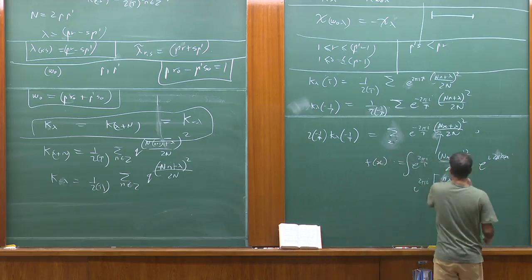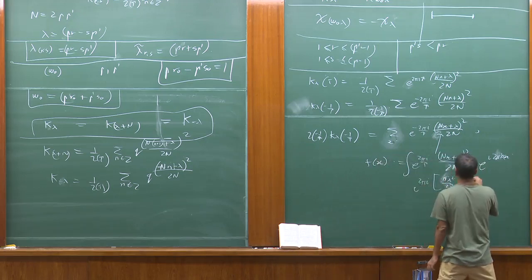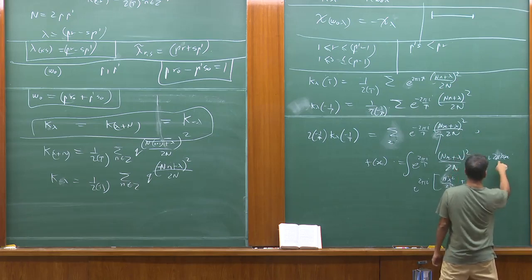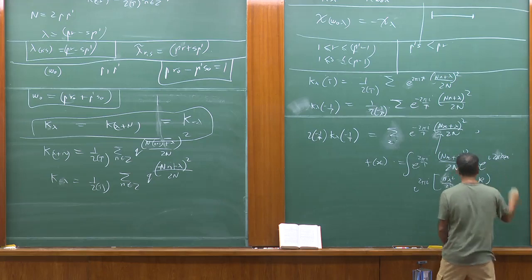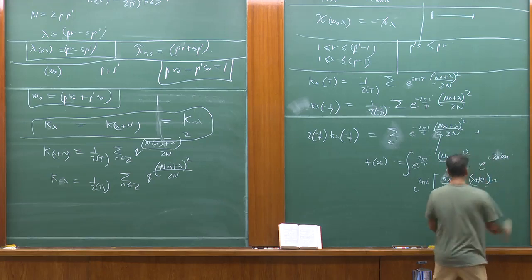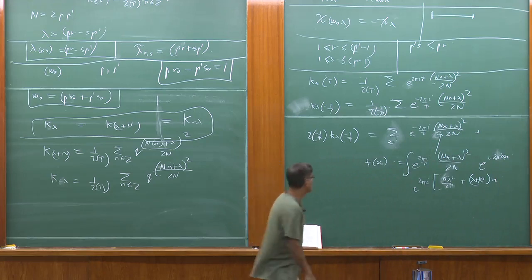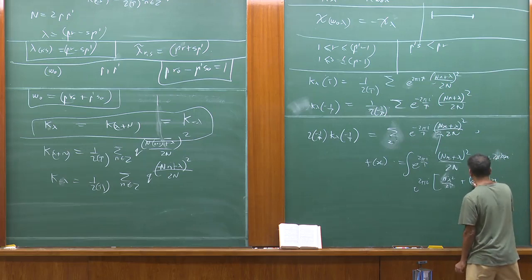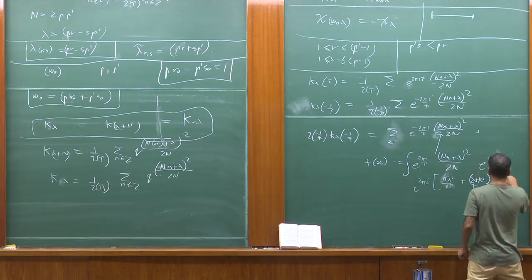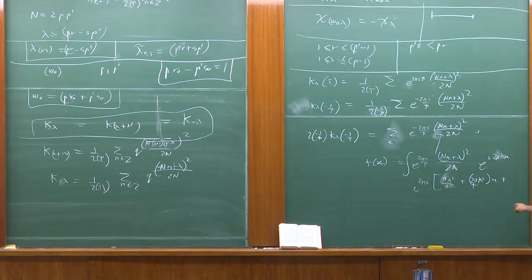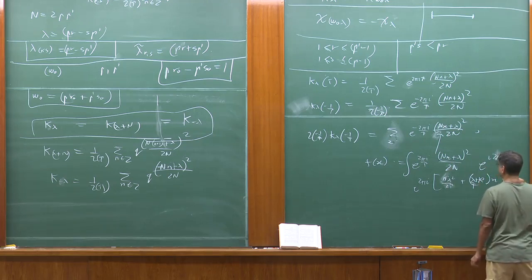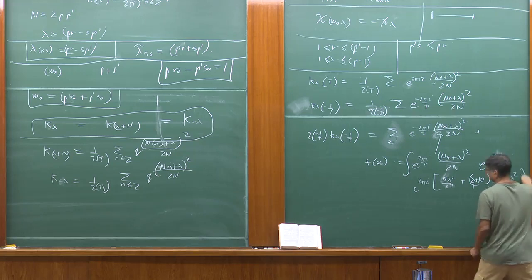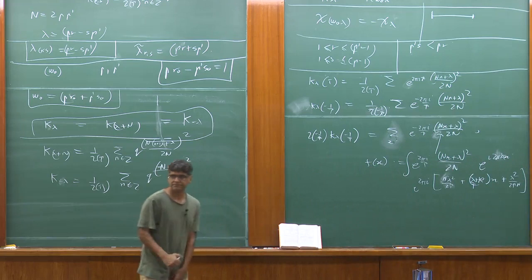Then we want the linear term in x: n cancels, 2 cancels, lambda, and here we have k, so lambda plus k into x. Then the constant term is lambda squared by 2 tau n. Okay, that's clear.